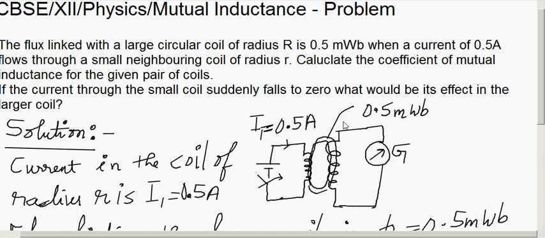But you have to write only for the larger coil. With the fall of current in the smaller coil, the magnetic flux linked with the larger coil decreases to 0 quickly, which in turn produces a large induced EMF in the larger coil.